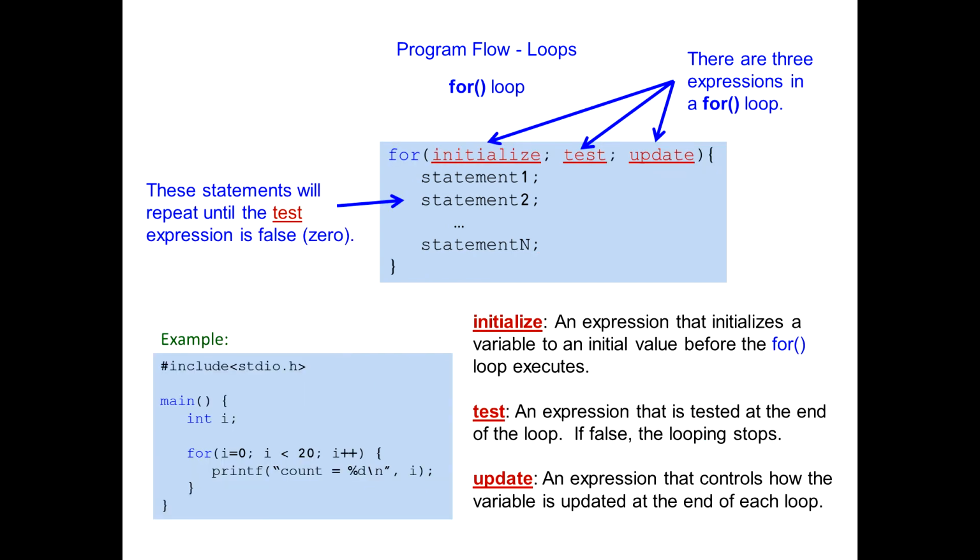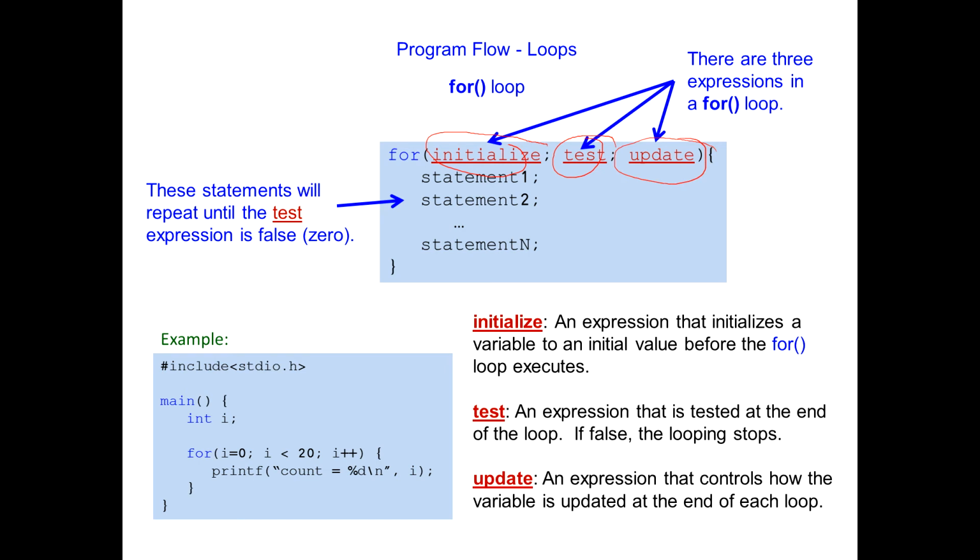Okay, so here's a for loop, and this is a very common looping structure where we can control how often the statements are executed. Notice in the for loop there are 3 expressions: initialize, test, and update.